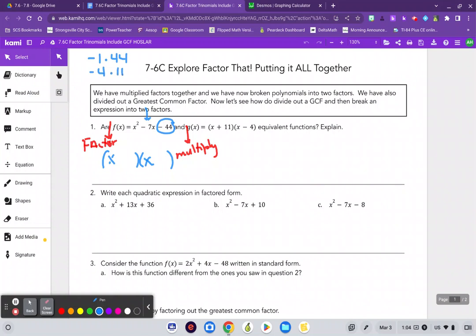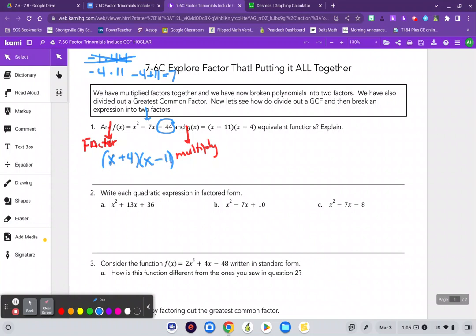I need these to add to negative 7. The negative 1 and 44 are not going to work. But with negative 4 times 11, if I add negative 4 plus 11, I get a positive 7, and I want a negative 7. So what that means is I need the 4 to be positive, and I need the 11 to be negative.